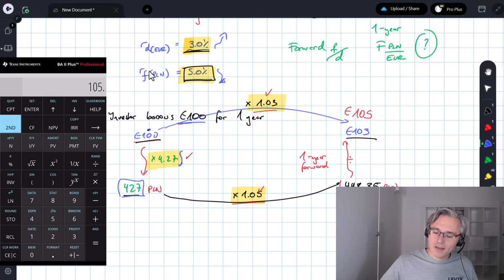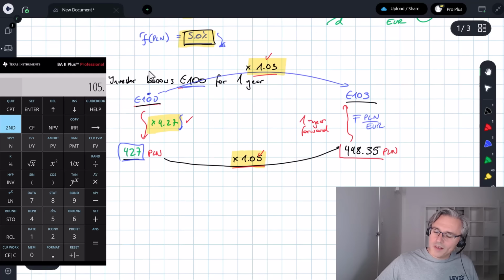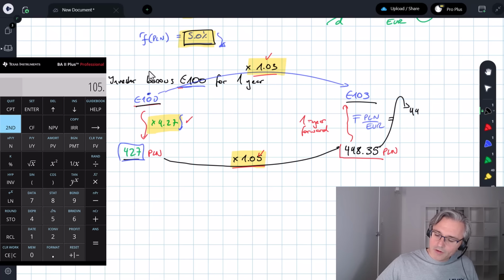If nobody has an incentive to move, the forward exchange rate for the PLN against the euro should reflect 448.35 divided by 103.